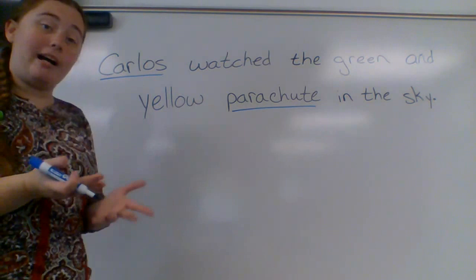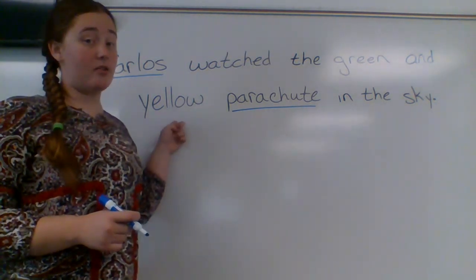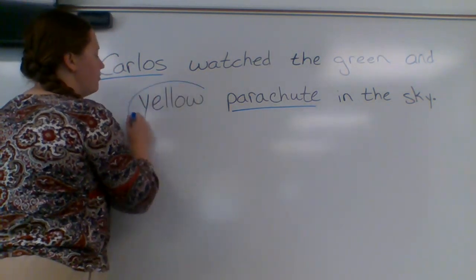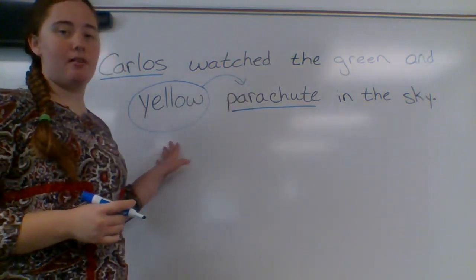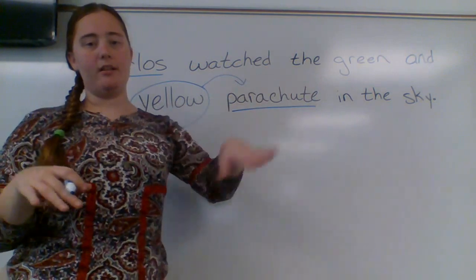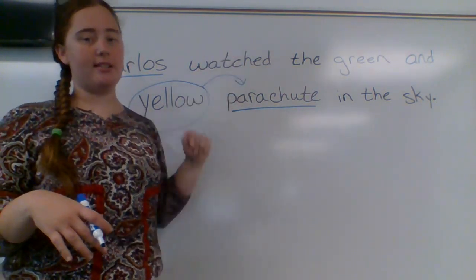Now we have, what kind of parachute is it? Well, is it a yellow parachute? Absolutely. So yellow is going to get circled. Draw an arrow from yellow to parachute. And again, you have it all on one line in your book, but I have to go up from this line to this line.